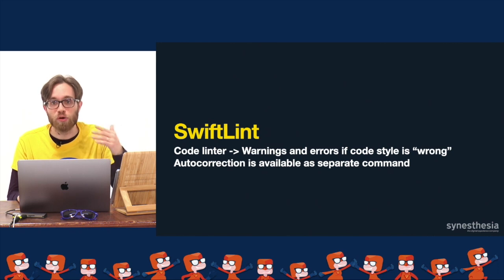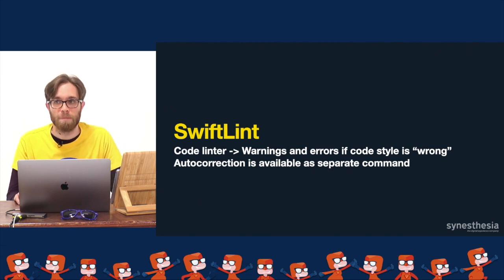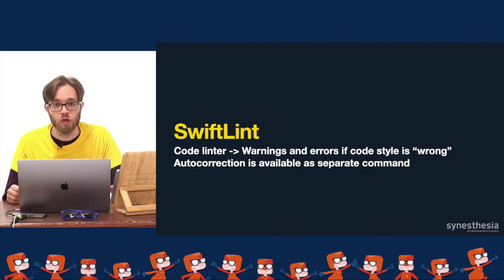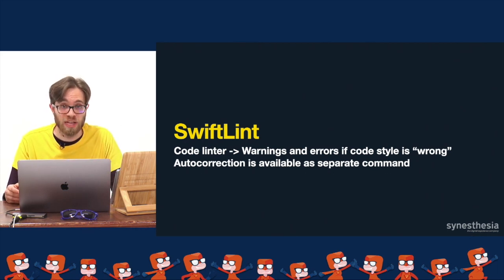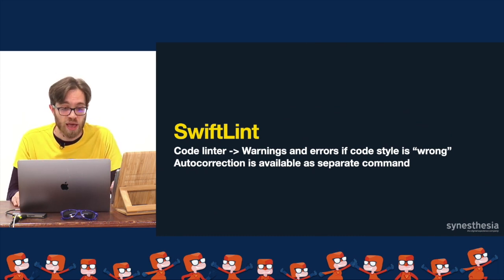You will get errors and warnings in your Xcode project if you have too many white spaces, or, I don't know, if the naming of the classes or methods are too short or too long, and so on. It can also deal with complex stuff like cyclomatic complexity, if your switches have too many cases, and so on.